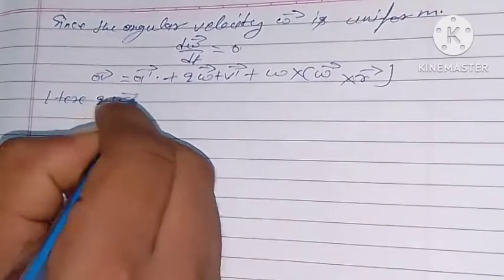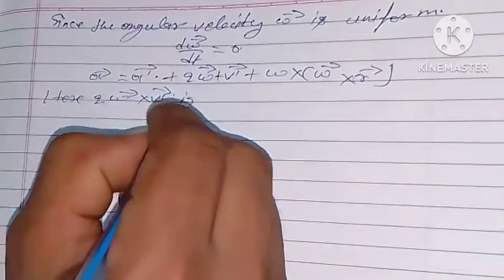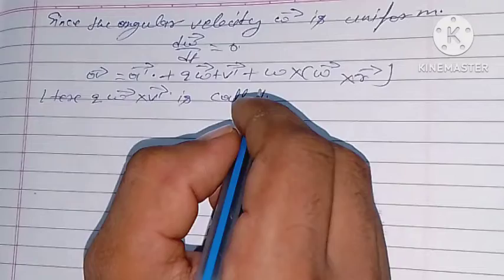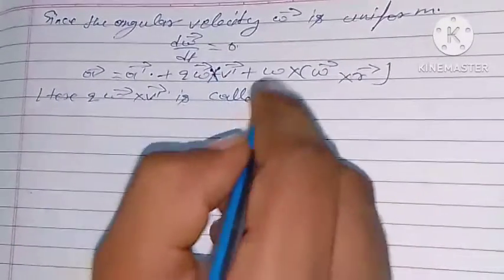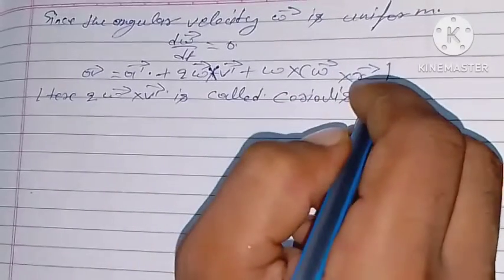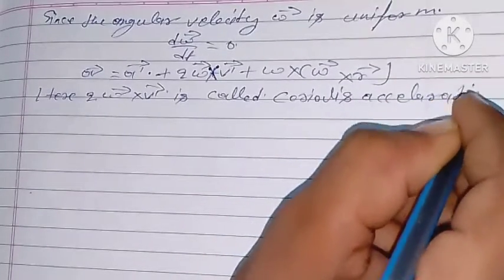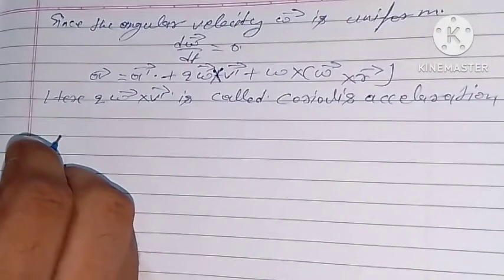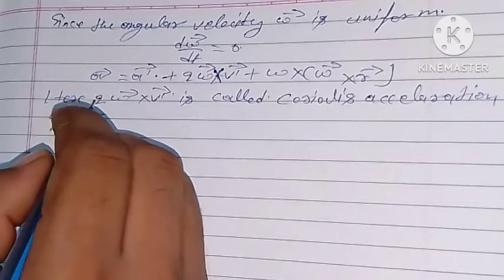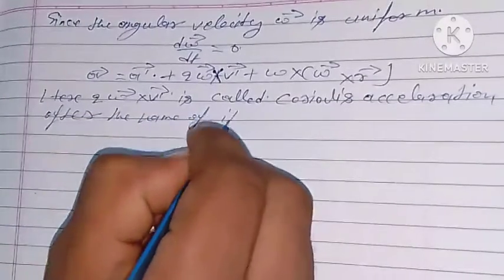Here 2 omega cross vector v dash is called Coriolis acceleration, after the name of its discoverer.